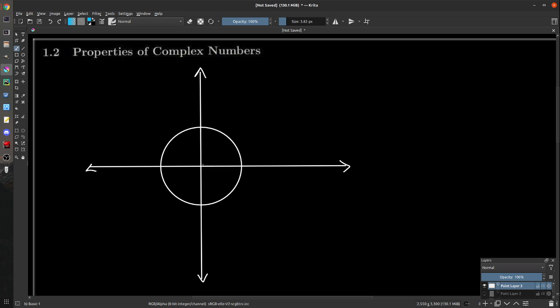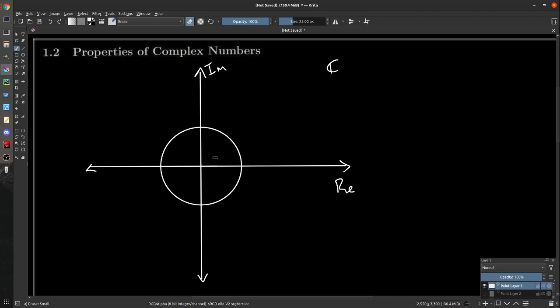So that means that this distance right here is 1, right? Okay, so that's a distance of 1, and we're sitting here in C. This is the imaginary axis, this is the real axis, and just to not make things cluttered, I'll get rid of that 1 right here.